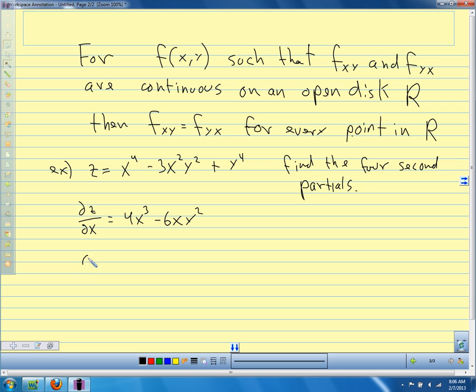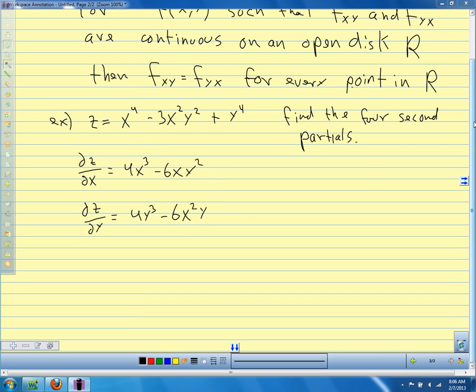And then our partial of z with respect to y, what does that come out to be? 4y cubed minus 6x squared y. All right, did everybody get that for your first partials? And then we can go for our second partials.